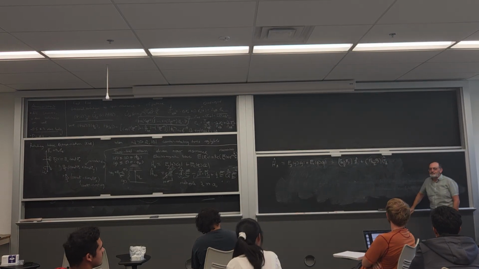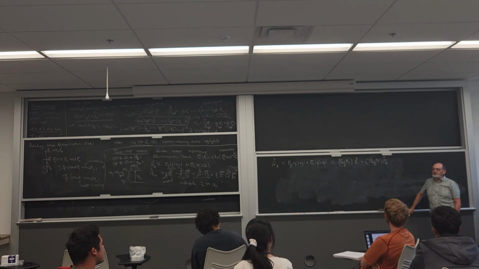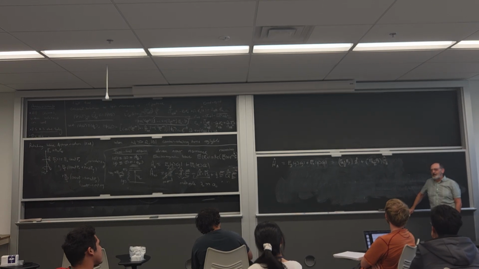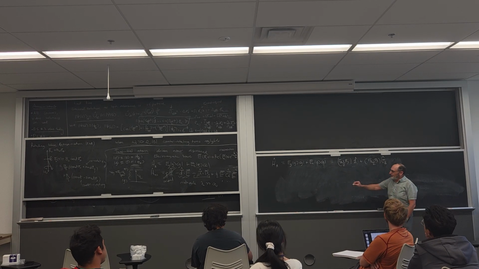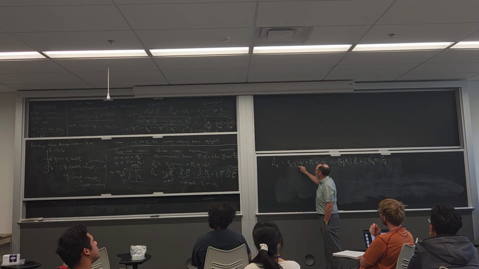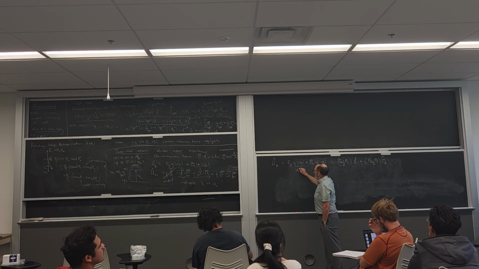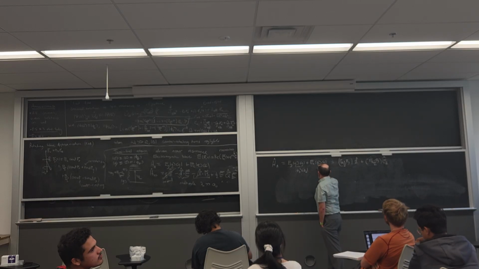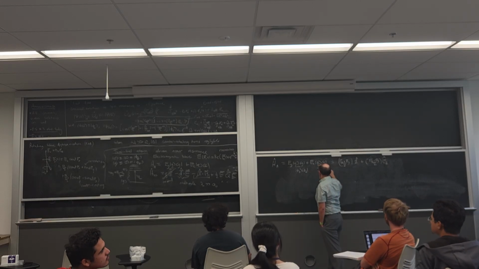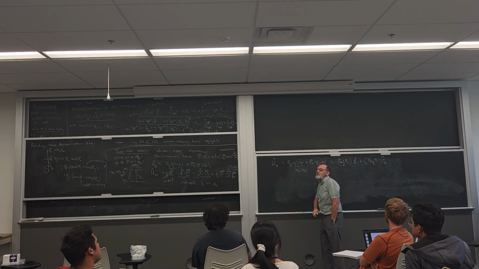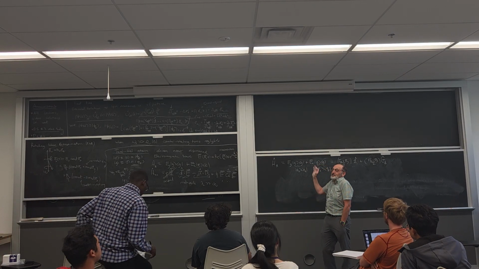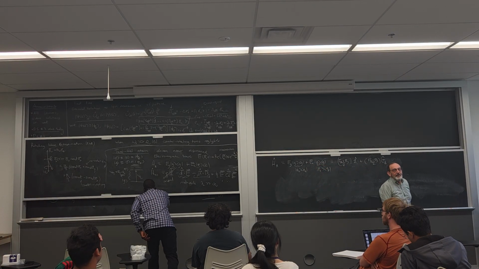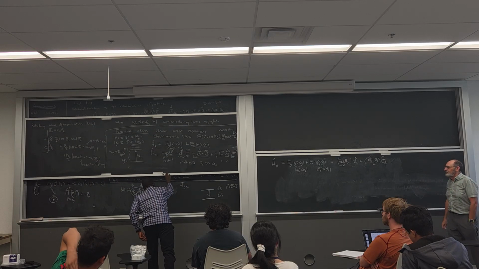Everyone see that? I'll give you a few moments to think it over. Because this is the projector on spin down, and this is the projector on spin up along Z. This Z has nothing to do with a physical direction Z. Okay?